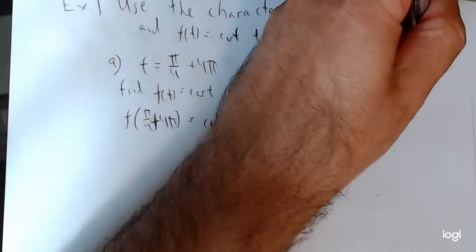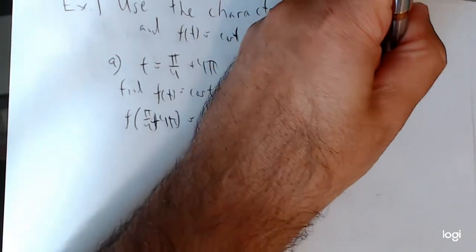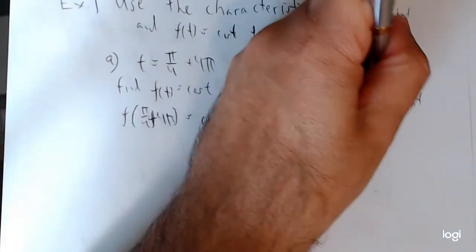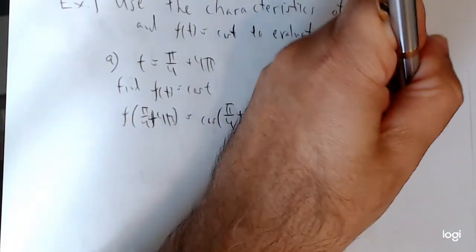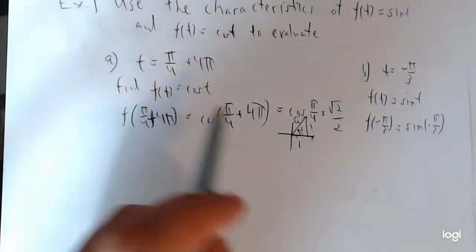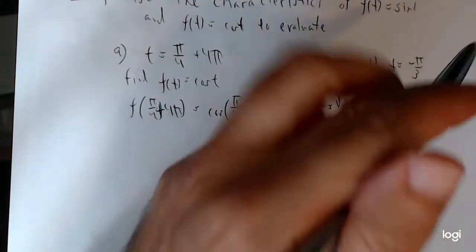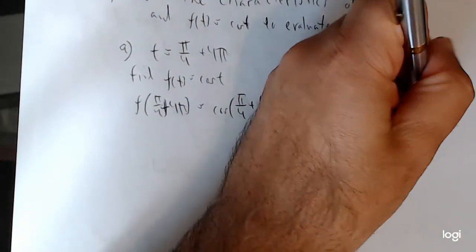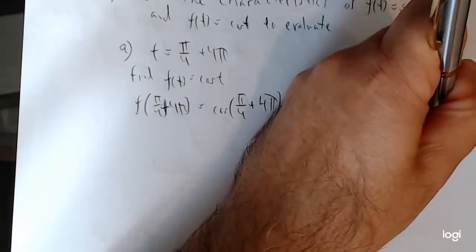Now, for part B, t is negative pi over 3. So we find f of t, which is sine of t. In this case, we have f of negative pi over 3, which is sine of negative pi over 3. One characteristic I could use, if you remember, is that sine is an odd function. So sine of negative pi over 3 would be the same thing as negative sine of pi over 3.